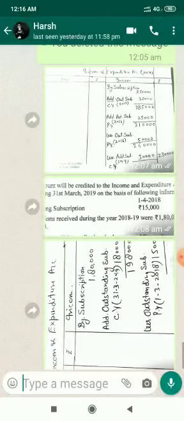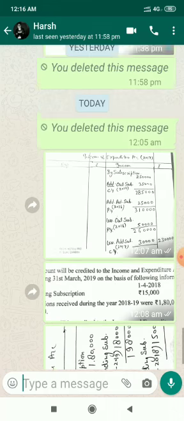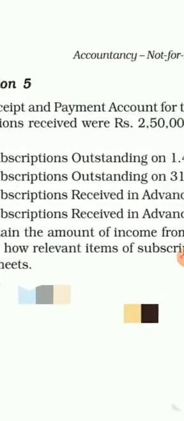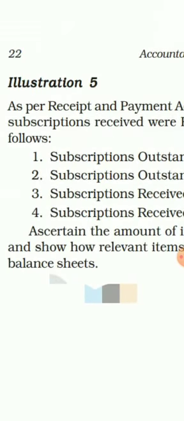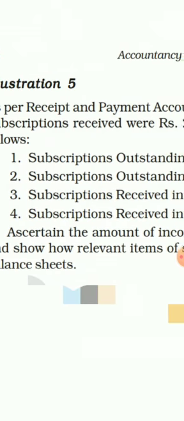This is the way by which we are presenting. Okay, for more understanding, we are going for one more question, and the question is, just see, it's one illustration from the NCERT question book.